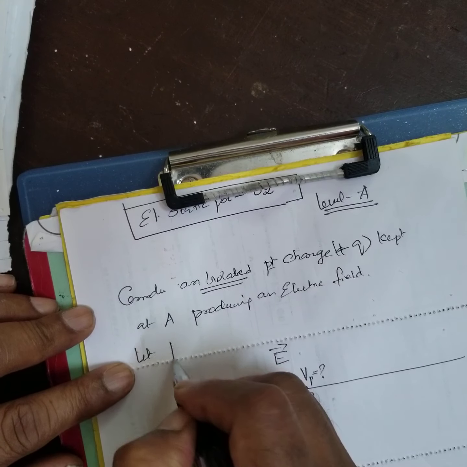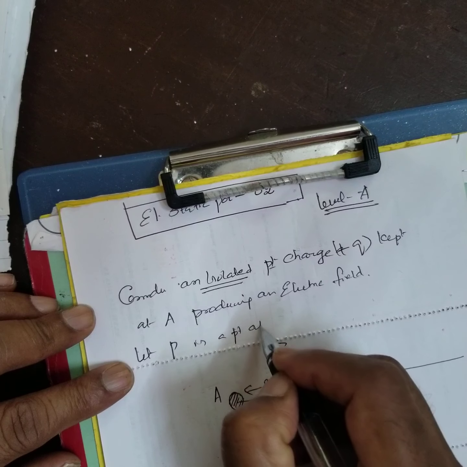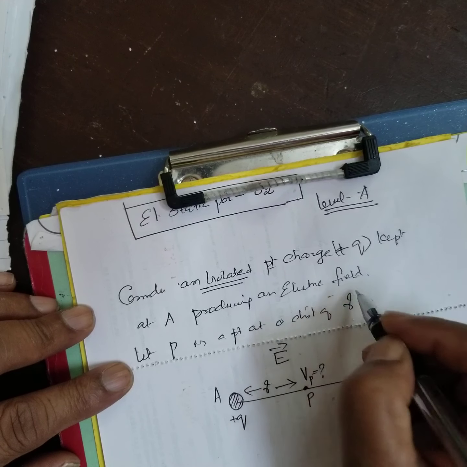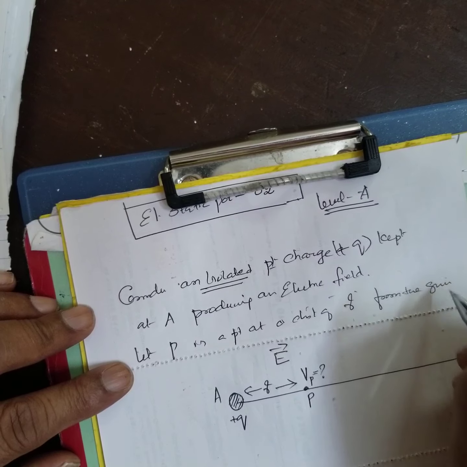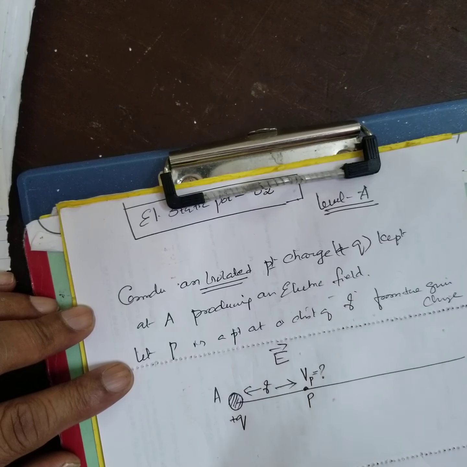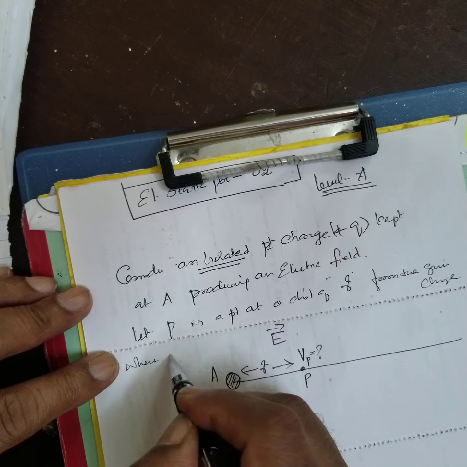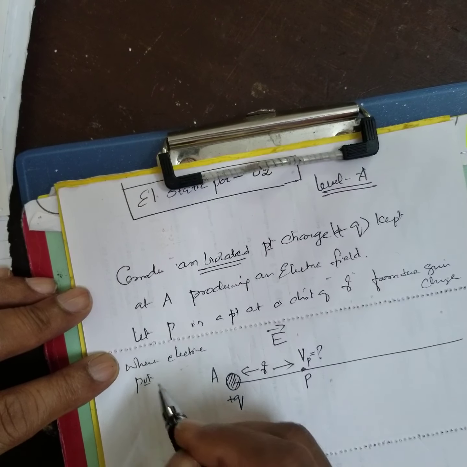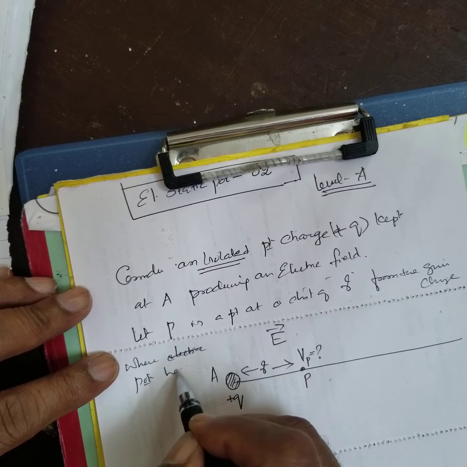Let P be the point at a distance of r from the given charge, where the electric potential has to be determined.